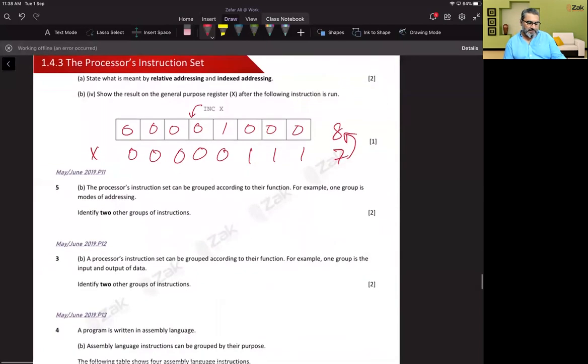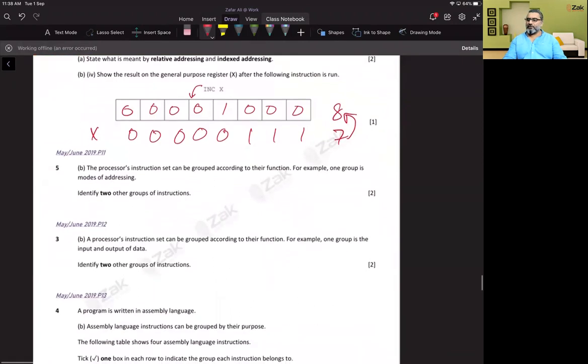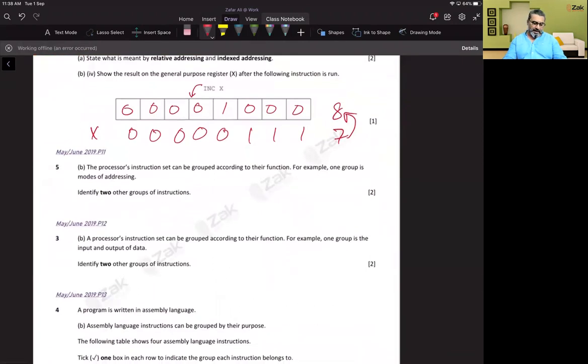Now, the processor instruction set can be grouped according to their function. For example, one group is the modes of address. Identify 2 other groups. We had the data movement group that we have studied. Then we have the input and output group.